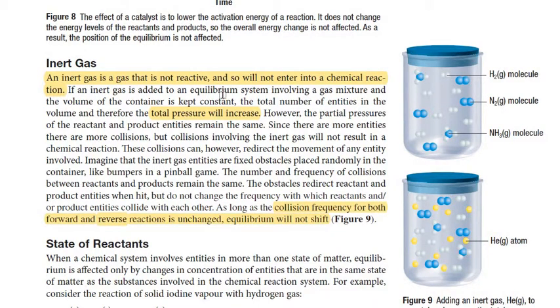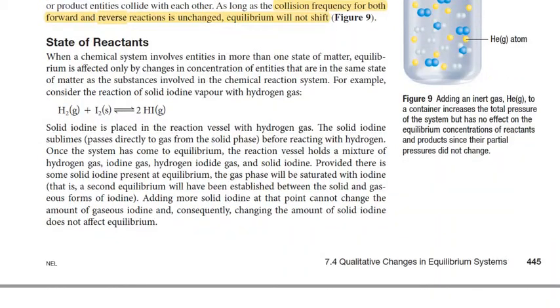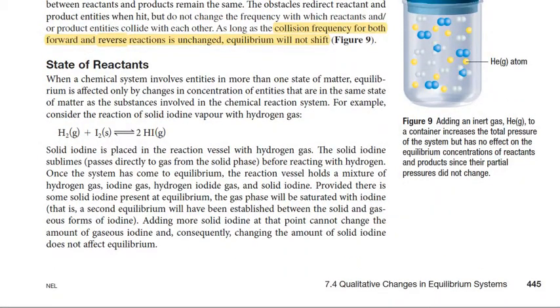Next part is about the state of reactants. When a chemical system involves entities in more than one state of matter, equilibrium is affected only by changes in concentration of entities that are in the same state of matter as the substances involved in the chemical reaction system.